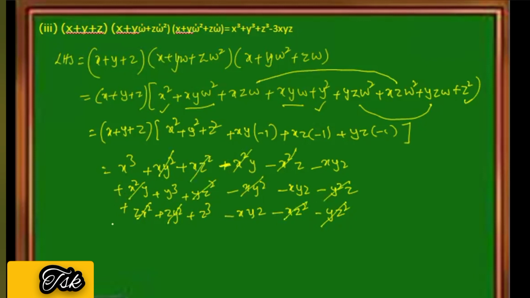So clearly we remain with x cube plus y cube plus z cube minus 3xyz, which is nothing but RHS.